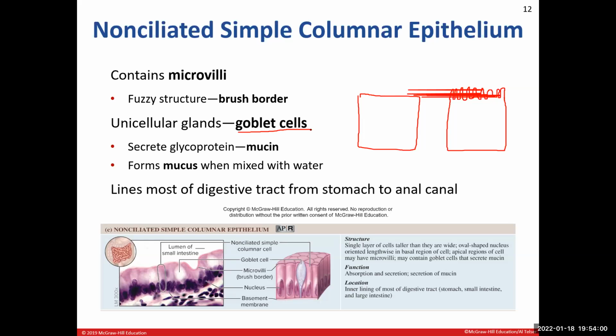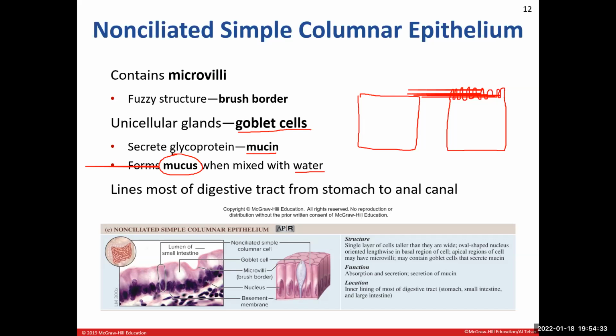A lot of that is produced from these goblet cells. And so keep in mind, the cells do not produce mucus. They produce mucin. When we mix it with water, then we have mucus. The mucus helps to line the surface of these cells to lubricate it, to make it easier for things to move across these cells.